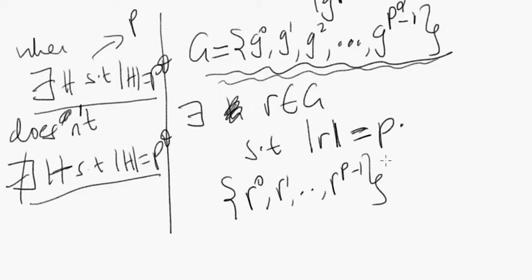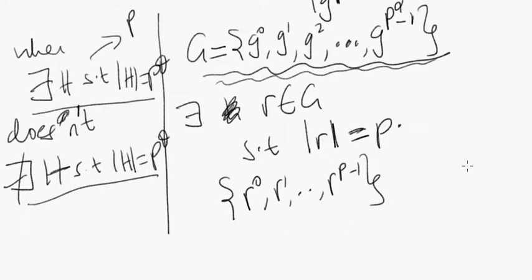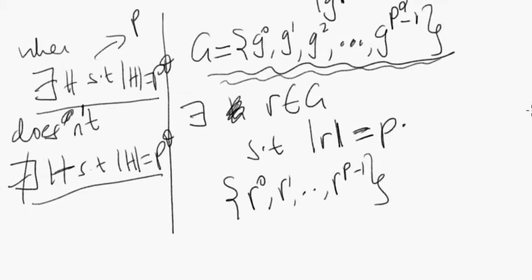So let's investigate. We're studying the consequences of saying that there is no subgroup of order P to the theta, that is of some power that is less than P to the alpha.